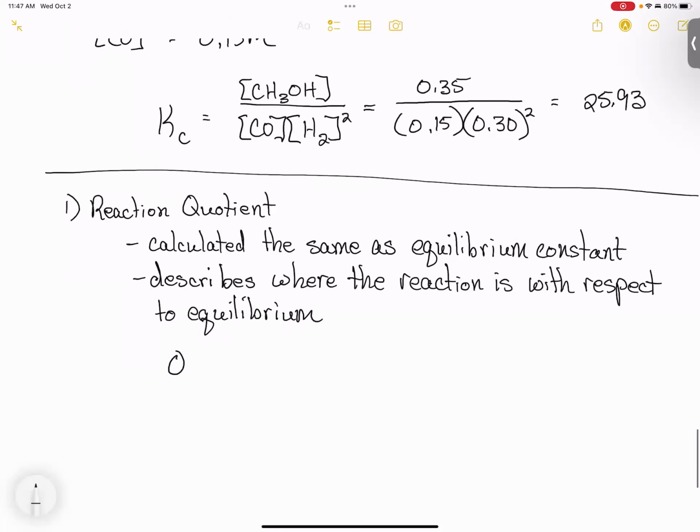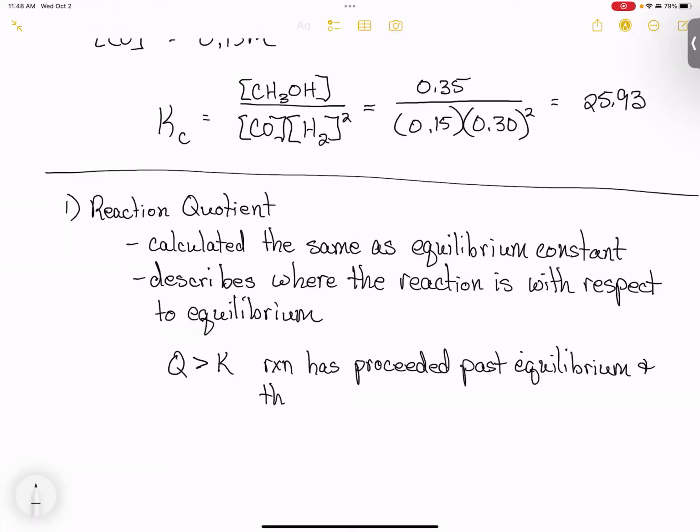If Q is greater than the equilibrium constant K, then the reaction has gone too far to the products, and therefore will shift in the direction of the reactants.